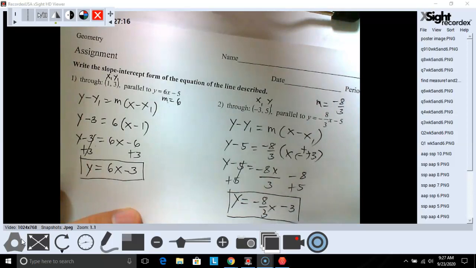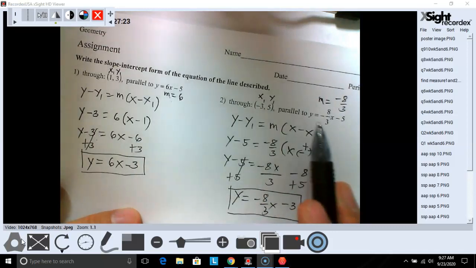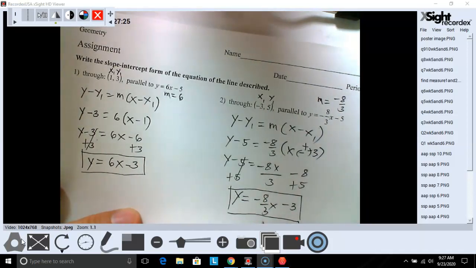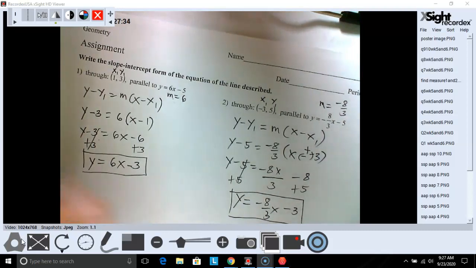Once again, if you notice, this line is parallel to the given line by looking at the slope. Their slopes are equal: negative 8 thirds, negative 8 thirds.